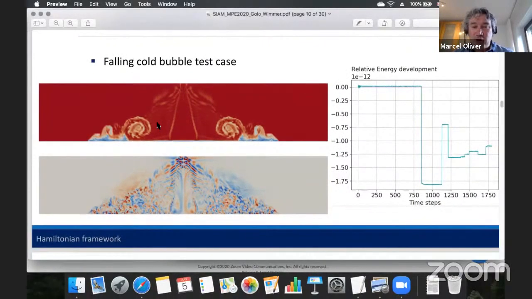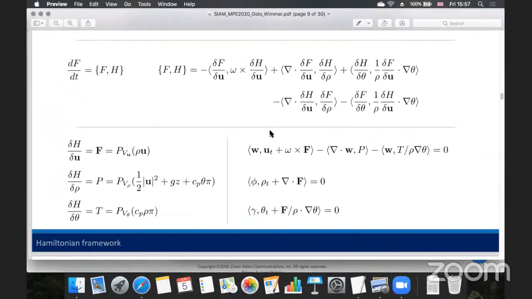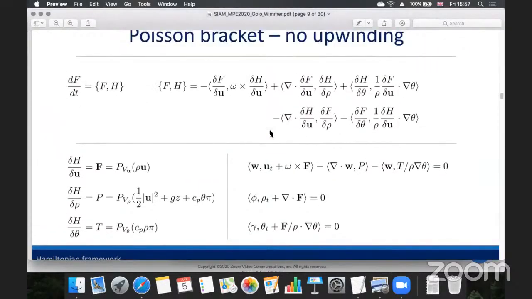So how close are you to what is actually done in the Met Office? That's a very good question. So fairly close in some sense, not very close in another sense. If you look at the Poisson bracket, this term here is like a vector invariant form of velocity advection. And that's exactly what they do.